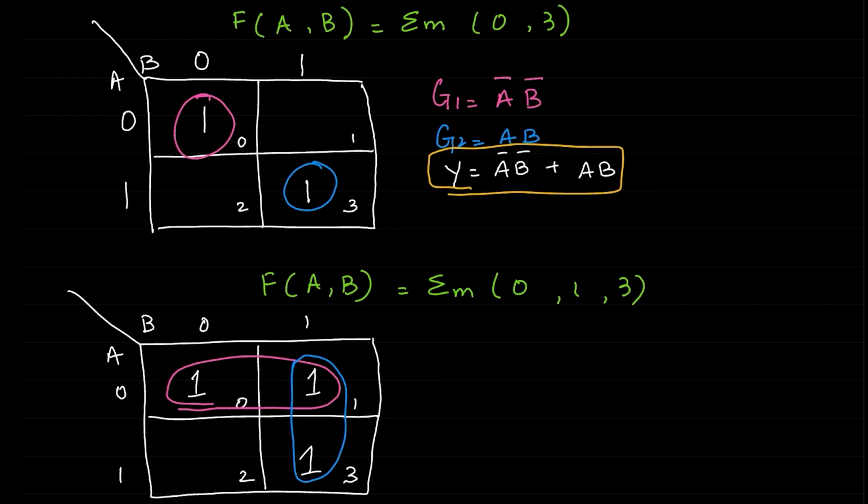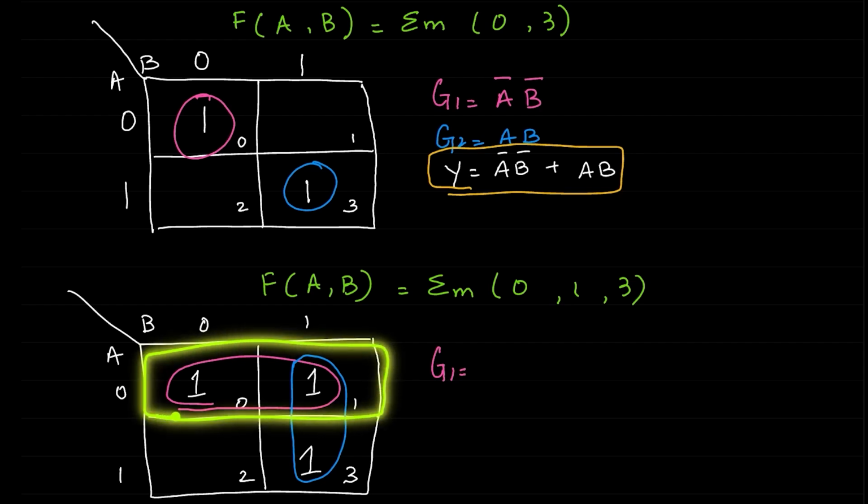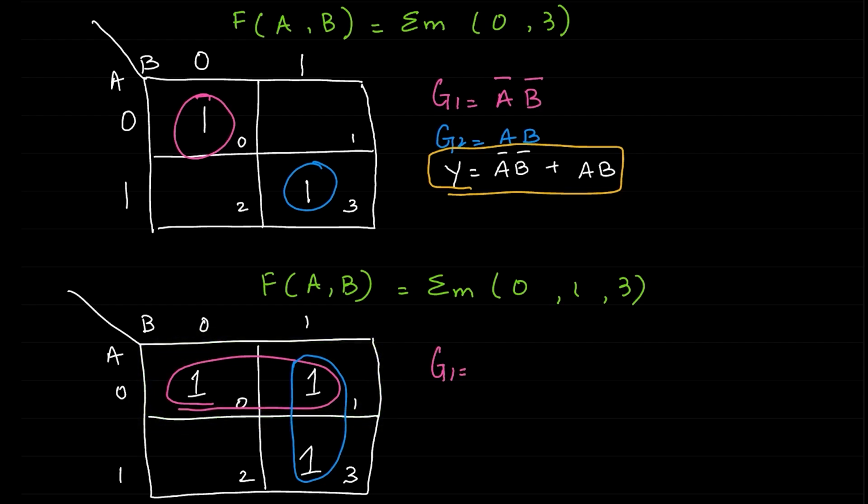Now the next step is to calculate both groups. In group 1 there are two cells, so we find each term.